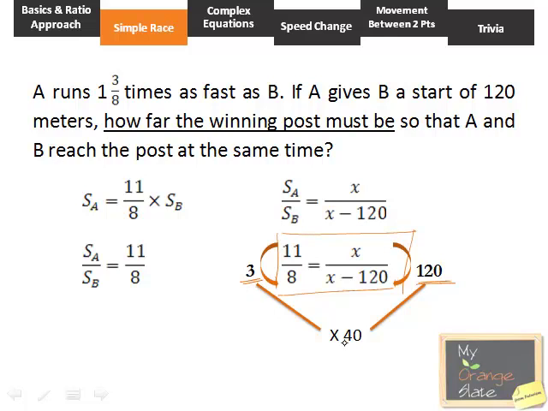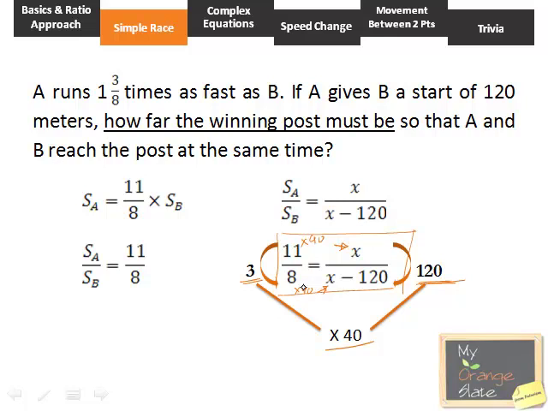Now since 3 multiplied by 40 gives us 120, 11 multiplied by 40 will give us x, or 8 multiplied by 40 will give us x minus 120. So friends, you simply have to find the difference between numerator and denominator on the left hand side and on the right hand side and see how many times one is of the other.